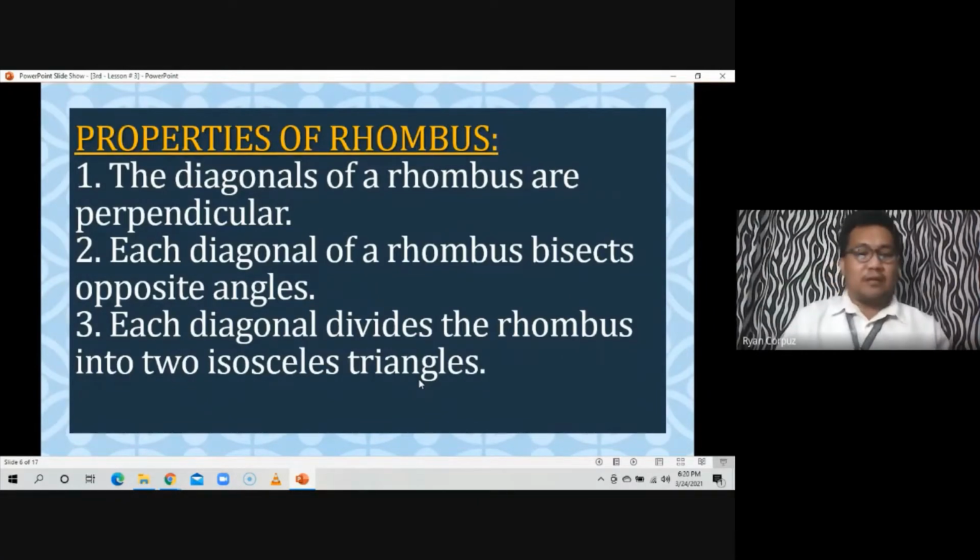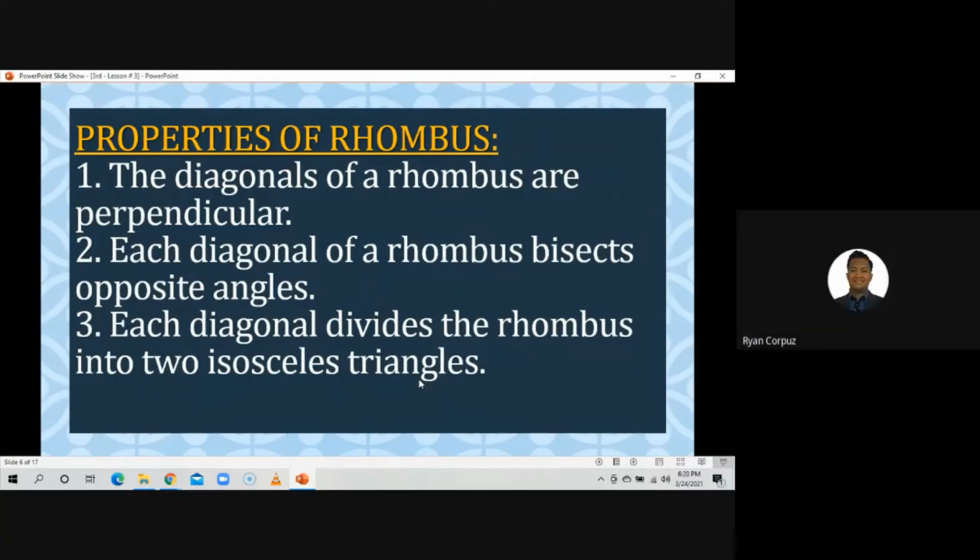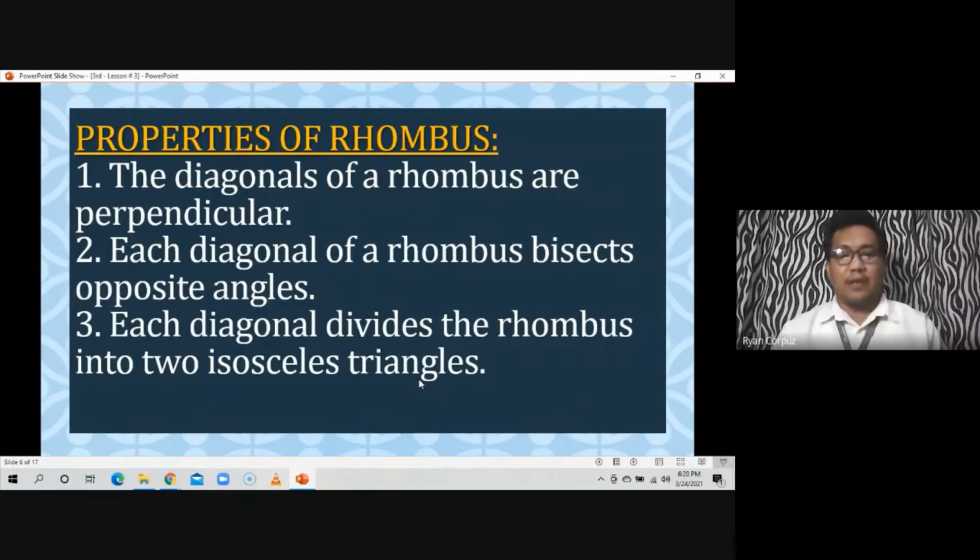So, yun tinatawag natin isosceles triangles. So, yun yung mga properties of rhombus that will help us in order for us to answer problems which involve the figure tinatawag nating rhombus.